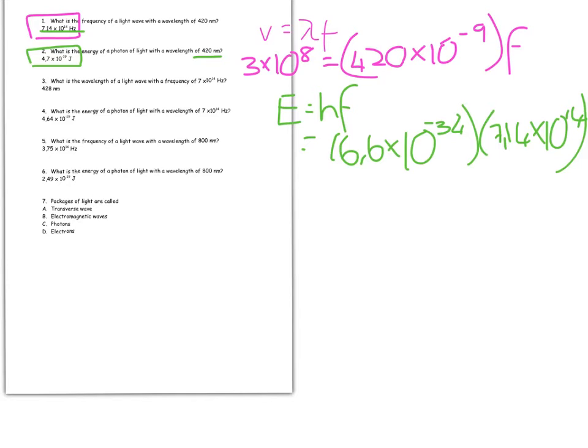What is the wavelength of a light wave with a frequency? So this time I've been given the frequency, and again, if I rearrange this equation over here, frequency is equal to the speed divided by the wavelength. This time they've asked me for the wavelength. So wavelength is equal to the speed divided by the frequency.